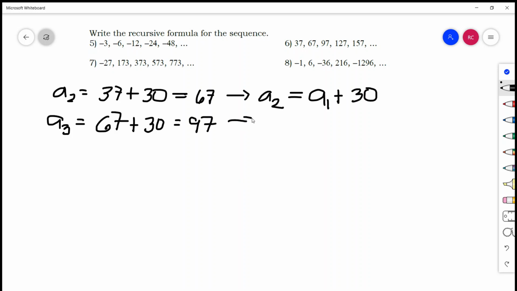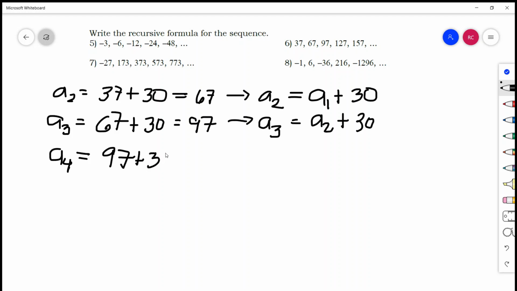So we can simply say that our third term is just the second term plus 30. For the fourth term, so we have 97 plus 30. Is it equal to 127?